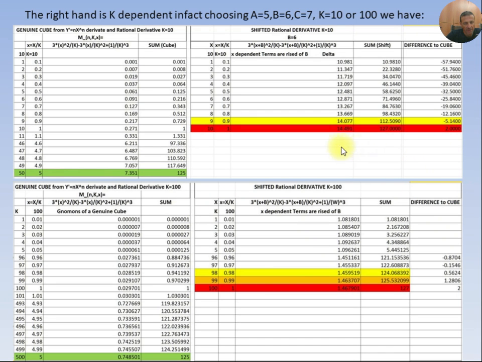You can put everything in an Excel table, and you can see what will happen here if you try to put on the equality. The left hand is a genuine cube, and the right hand is not, using a step sum with k equal to 10.